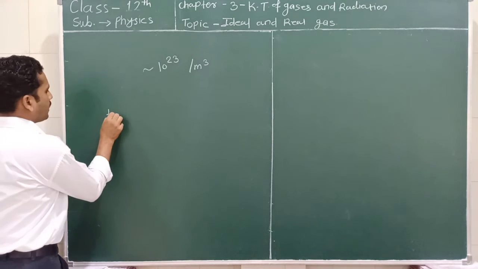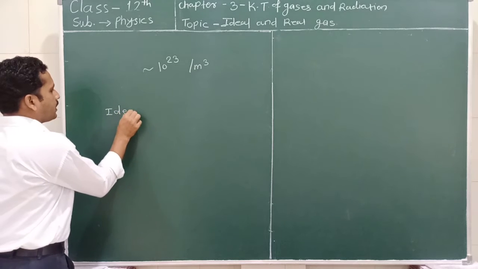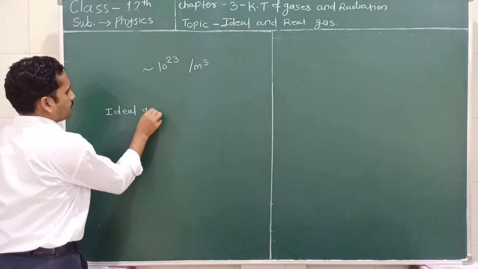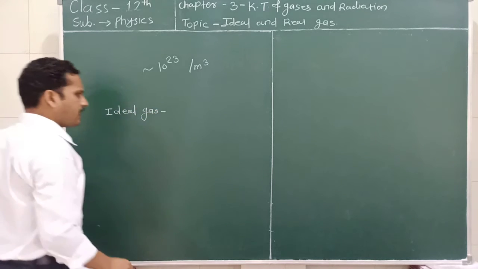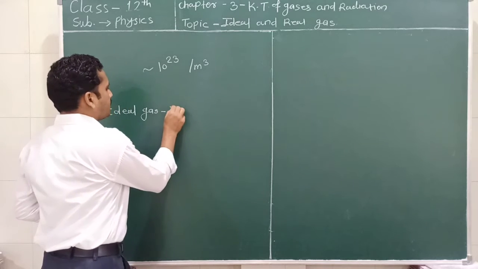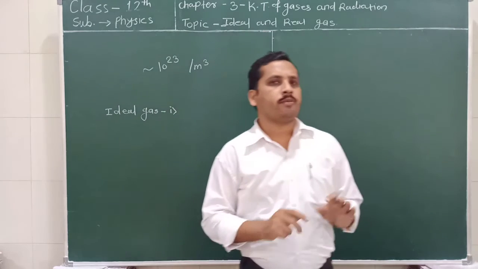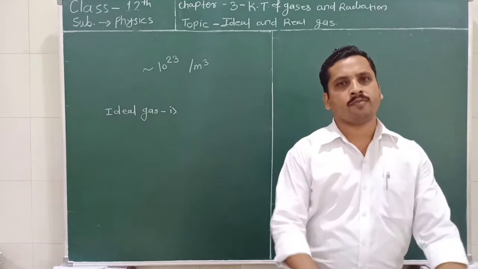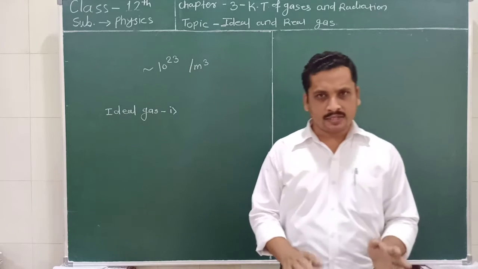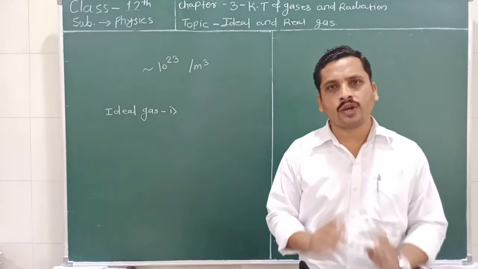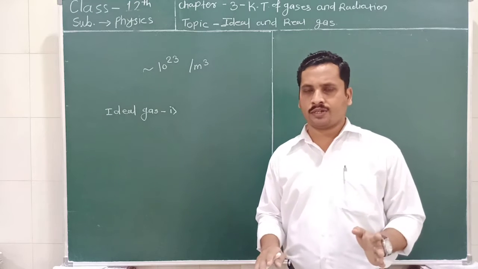So what is the ideal gas? An ideal gas is a gas in which there is no intermolecular force of attraction between the molecules of the gas. Consider a gas in which there is no intermolecular force of attraction.